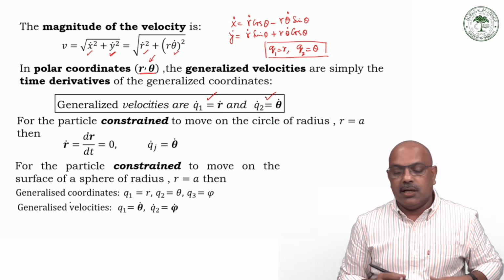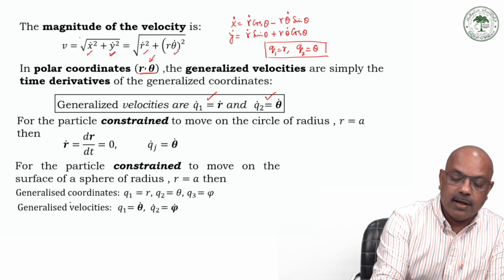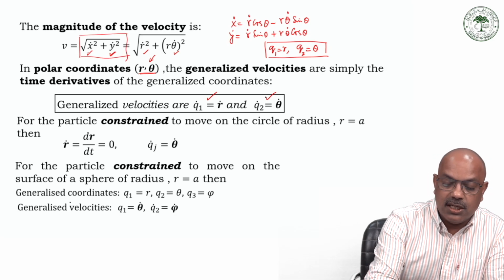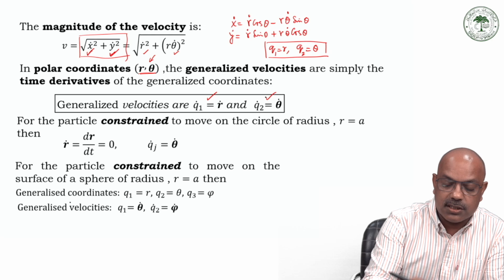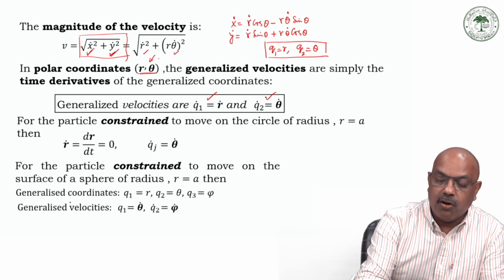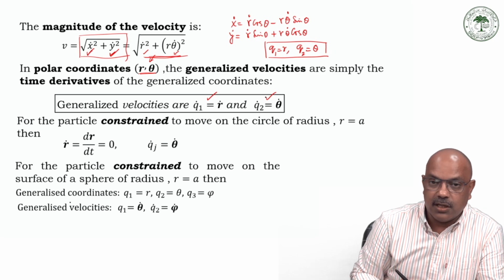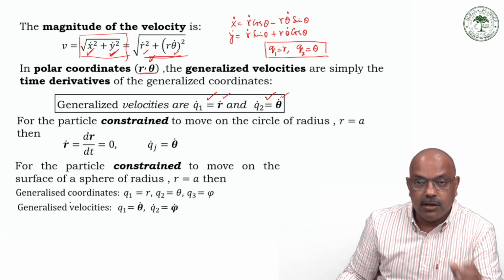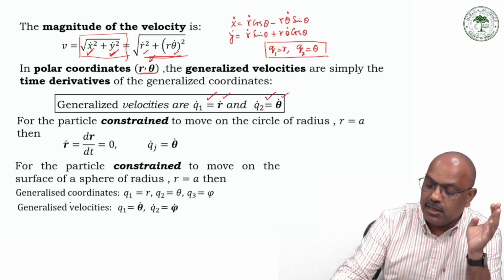These are my generalized velocities. So in normal conditions, in physical space, the velocity squared is ẋ² plus ẏ², that is Vx and Vy, and now in generalized terms we have the generalized velocities ṙ and θ̇.